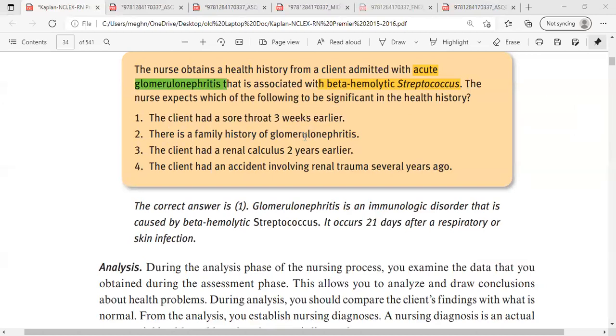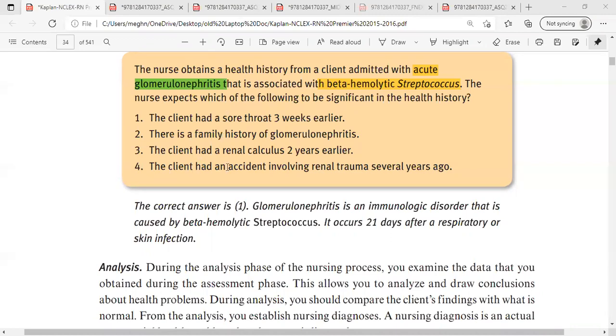There's a family history of glomerulonephritis. It is not mandatory. The client has renal calculi. So renal stone, calculus, is totally different from glomerulonephritis, very unlike. Renal stone, if you do not remove it, if it is a complication, causes a UTI, urinary tract infection, if not treated, UTI leads to pyelonephritis, and if pyelonephritis is untreated for a long time, it can cause glomerulonephritis, but at a very late stage.